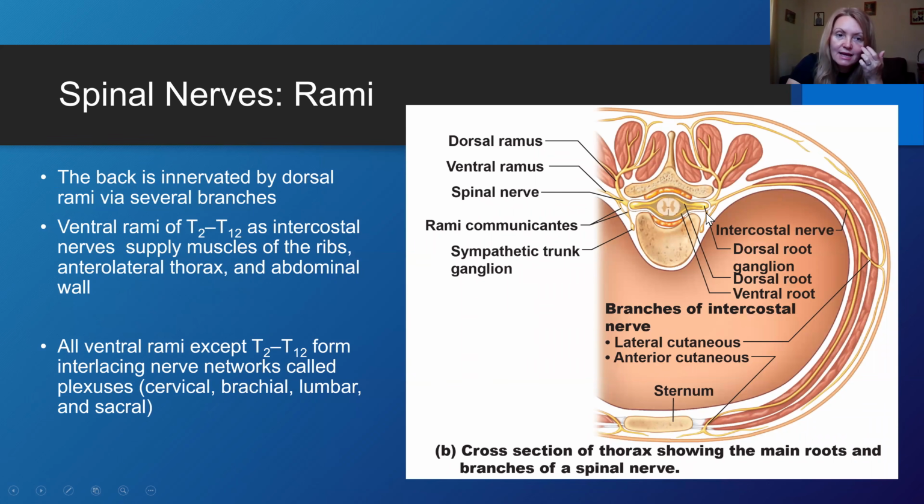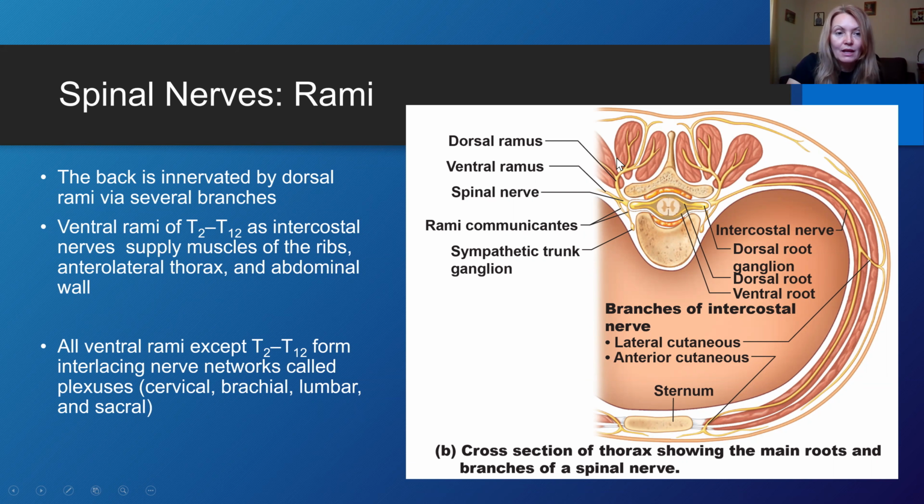You can see that the dorsal rami go to the back, and they innervate muscles of the back and skin of the posterior side of your body. So that's the dorsal rami.